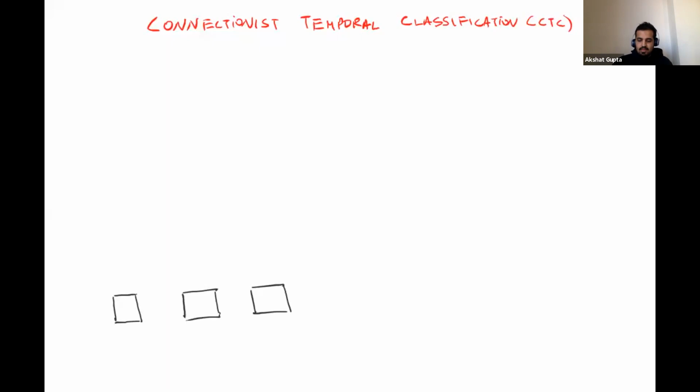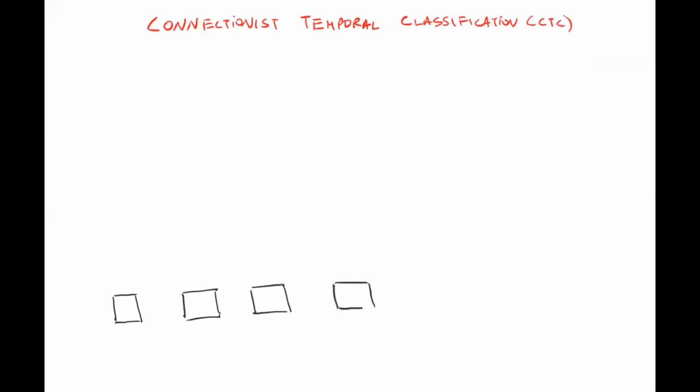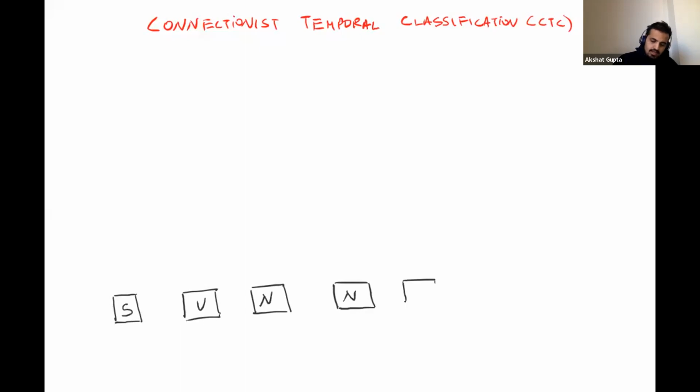Let's say we have a language model. Did Bhiksha cover language models in class yet? I don't think so. Okay, so basically what language models are supposed to do is, let's say I'm sending in the letters of the word sunny, and this is again going through an RNN-like network.